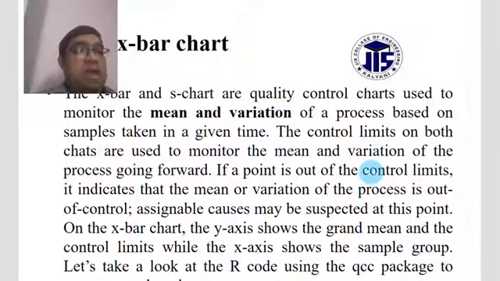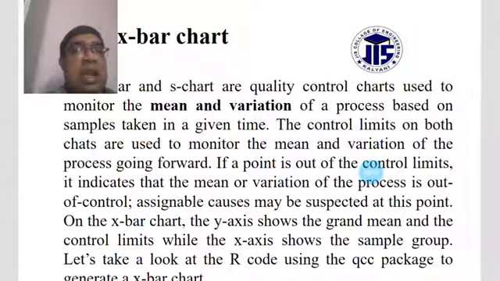If a point is out of the control limits, it indicates that the mean or variations of the process is out of control.